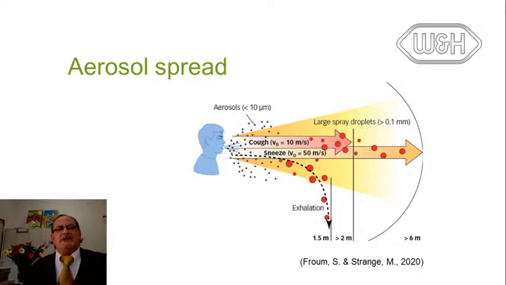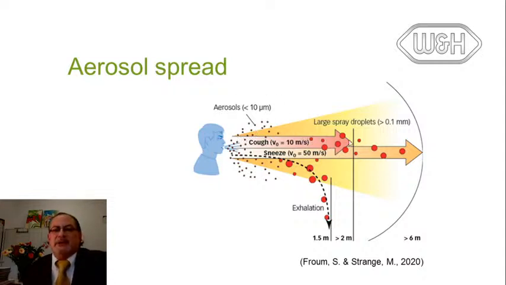How does the aerosol get spread from the infected person? The aerosol is always produced, as we have heard, within the lungs, and with breathing the exhalation transports the aerosol up to 1.5 meters, and this is the reason why we are asked to keep a distance of 1.5 meters from the next person, at least in public places.